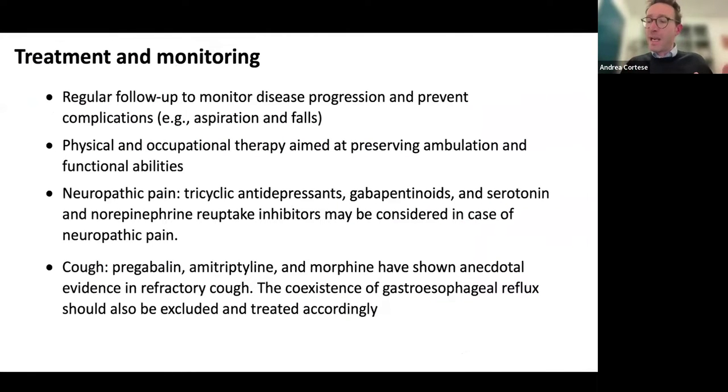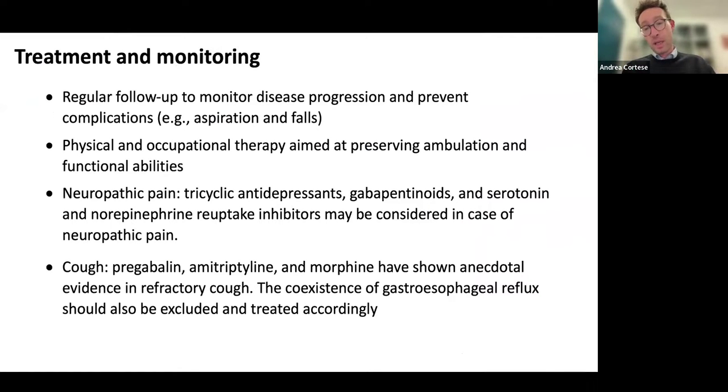Obviously, in terms of management, I know that last week David has covered partly this. So if we don't have a specific treatment, what we can do is try to not make things even worse. And we're trying to do that by regularly following up patients.